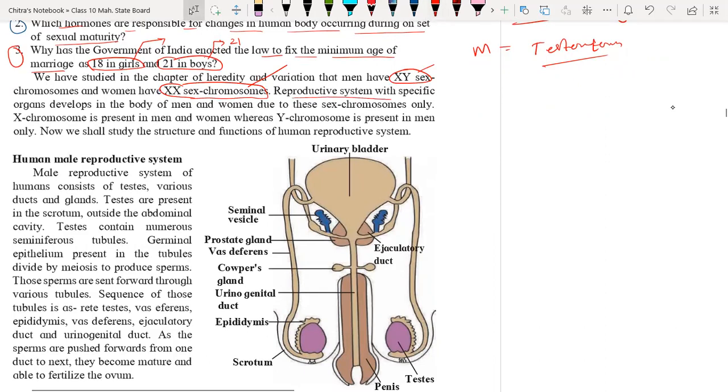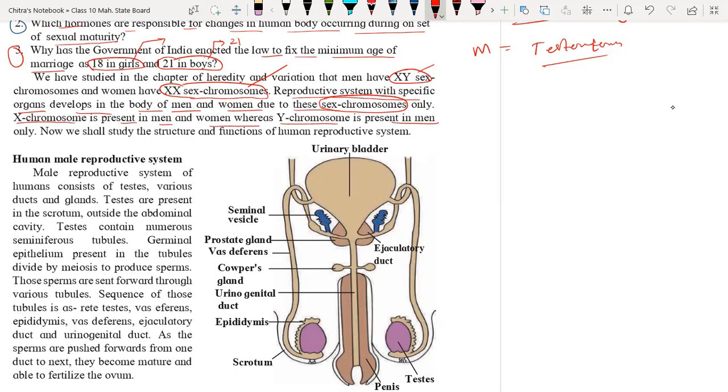The reproductive system with specific organs develops in men and women due to these hormones only. Which chromosomes are responsible for that? XX in case of female and XY in case of male. X chromosome is present in men and women, whereas Y chromosome is present in men only.